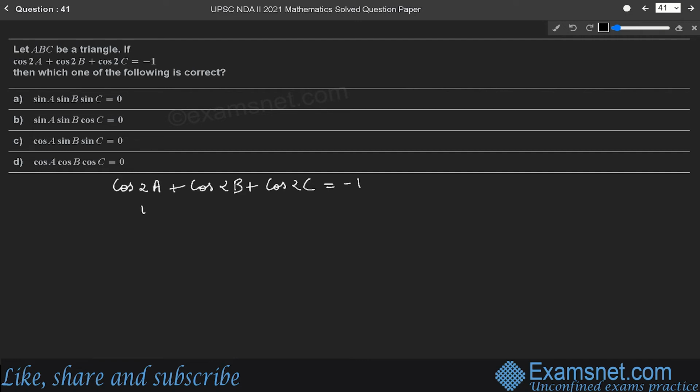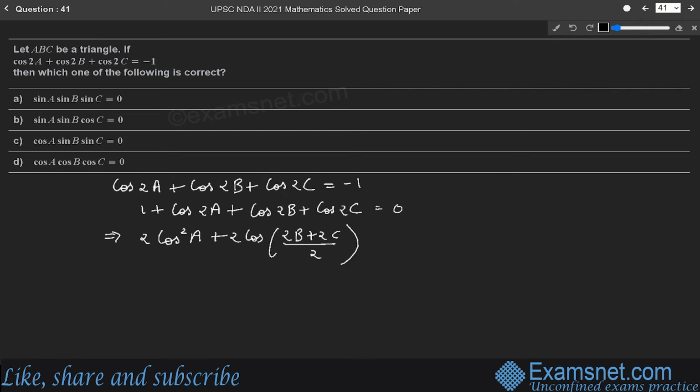So it can also be written as 1 plus cos 2A plus cos 2B plus cos 2C equals 0, which will be equal to 2 cos square A plus 2 cos (2B plus 2C)/2 into cos (2B minus 2C)/2 equals 0, which gives 2 cos square A plus 2 cos (B plus C) into cos (B minus C).